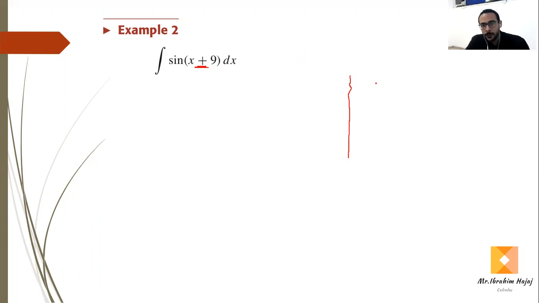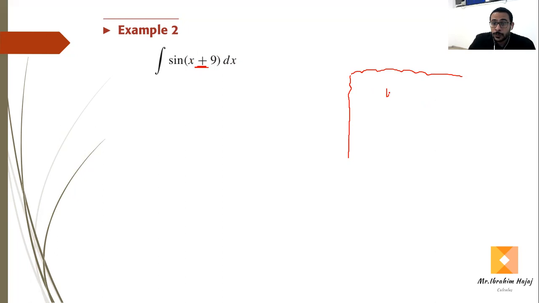You can let u equal x plus 9. You can let t equal x plus 9 as you like. Some books use t, some other books use u. I prefer to use u, so it's up to you guys. You can use any letter to represent the substitution step.